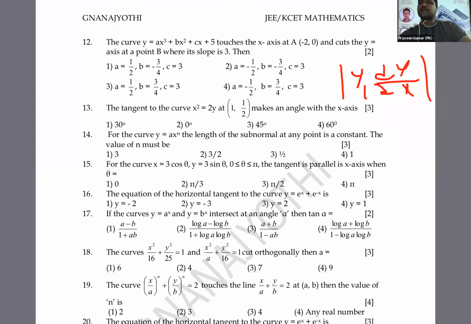if you multiply this complete value, you need to get a constant. Constant means you won't get an x in that place. You will get only some value, whether positive or negative. Okay, positive only we will get. y is equal to ax power n.